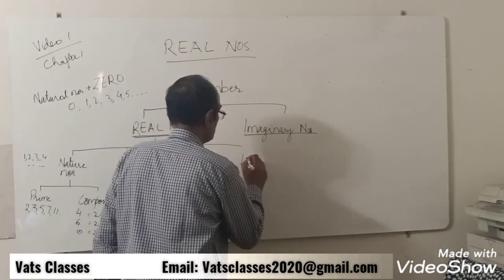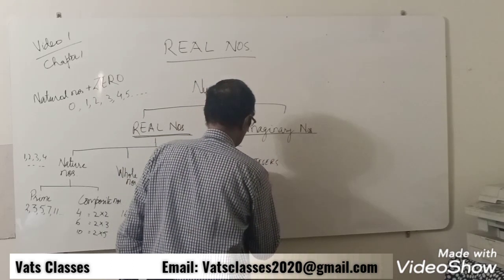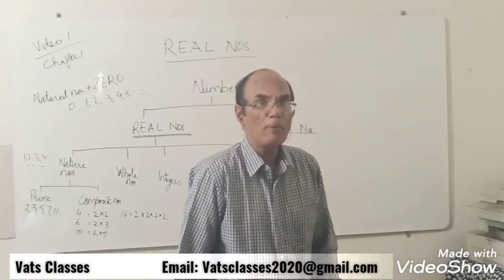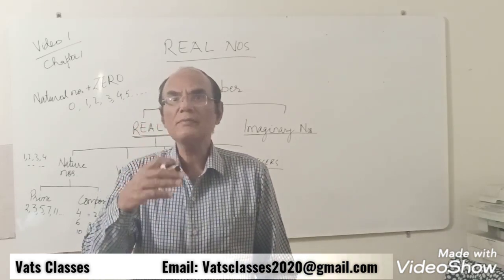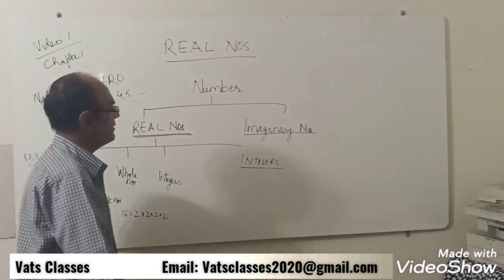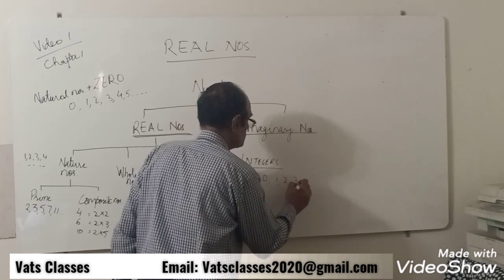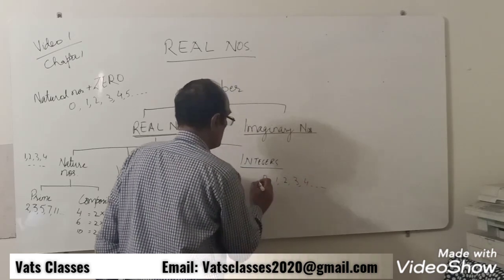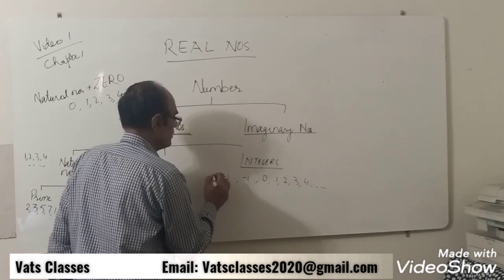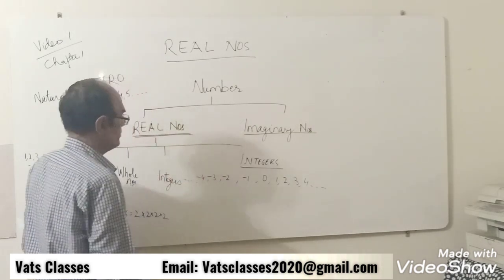Integers are the whole numbers plus the negatives of that sequence. That means 0, 1, 2, 3, 4 and so on, minus 1, minus 2, minus 3, minus 4 and so on.